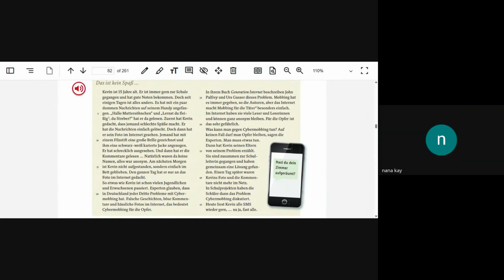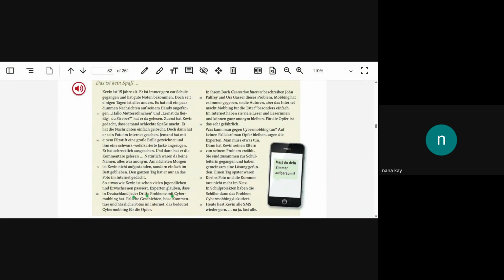Den ganzen Tag hat er nur an das Foto im Internet gedacht. So etwas wie Kevin ist schon vielen Jugendlichen und Erwachsenen passiert. Experten glauben, dass in Deutschland jeder Dritte Probleme mit Cybermobbing hat.